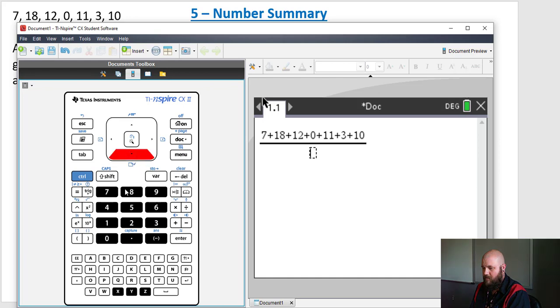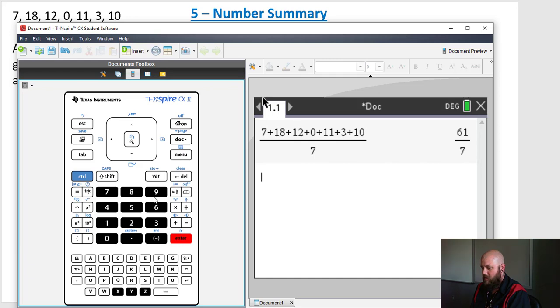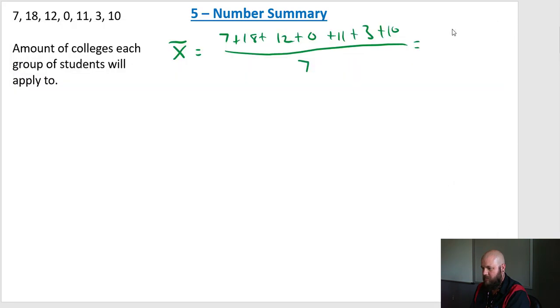And then on the bottom, we should have 7. Control Enter. So we should get 8.71. We'll go with 8.71. So 8.71 would be our mean.